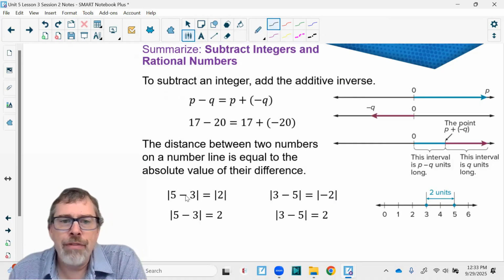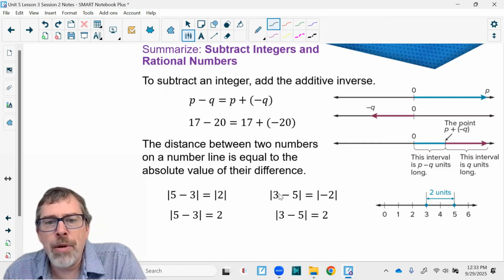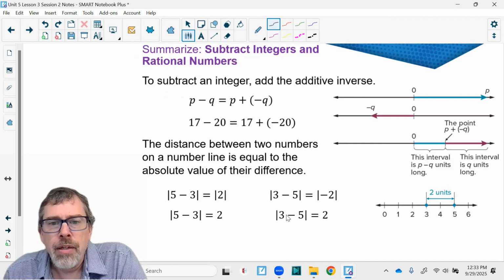So notice what they have here. The absolute value of 5 minus 3 is equal to 2, because the absolute value of 2 is 2. Now, if I switch these around, 3 minus 5 is equal to negative 2. And the absolute value of 3 minus 5 is therefore equal to 2, because the absolute value of negative 2 is 2.